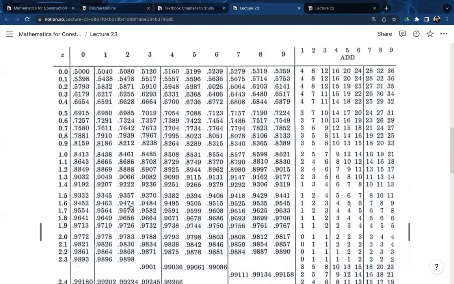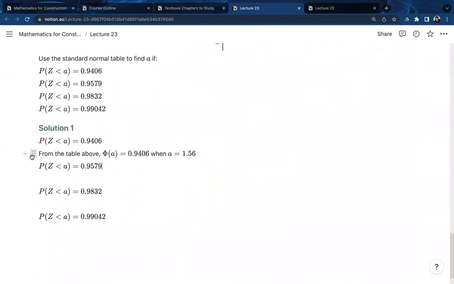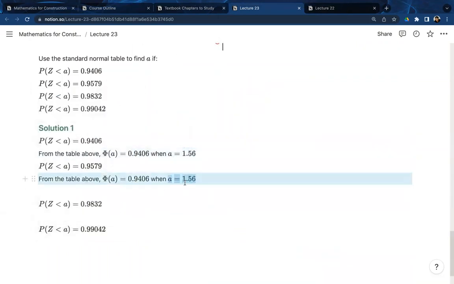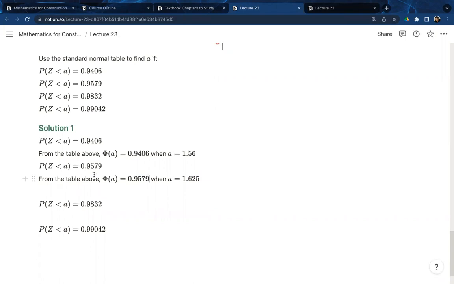So that's 1.625. So we could say a little more here, right?